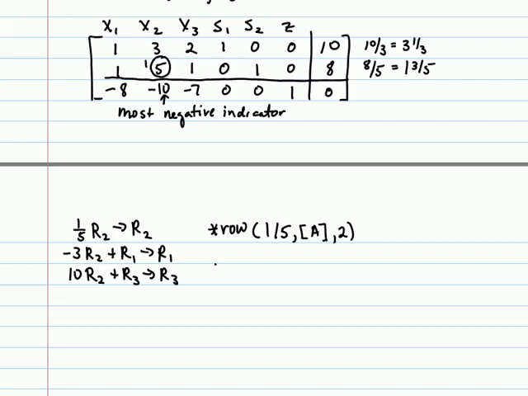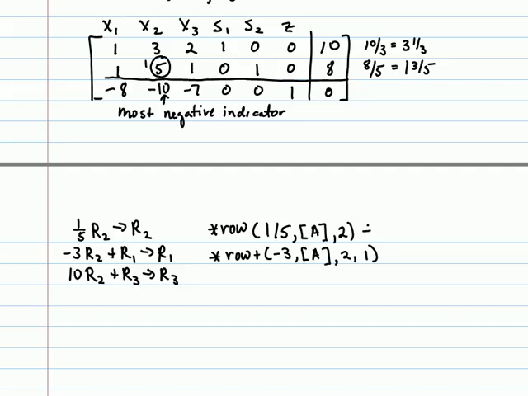To do the add a multiple operation, we would use the times row plus function of our calculators, and the first parameter would be the multiple of negative 3, the matrix that we're operating on, the row that we'll multiply by, and then the row that we'll add into.